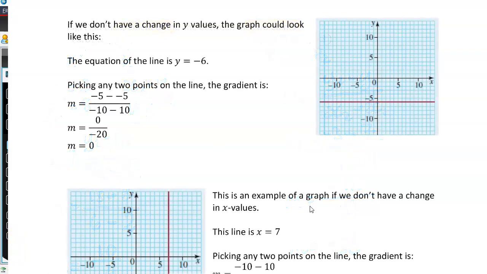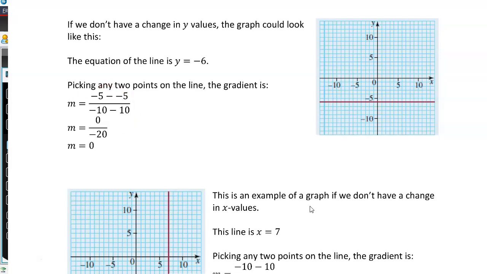Now, sometimes we have a graph that looks like this. You can see here that our y value is constant at -6. It's unchanging. It doesn't matter what the x value is, the y value is always -6. So, what's the gradient of this graph? Picking any 2 points on the line, I'll pick x equals -10 and x equals +10.